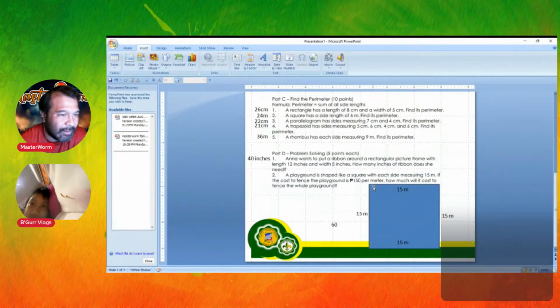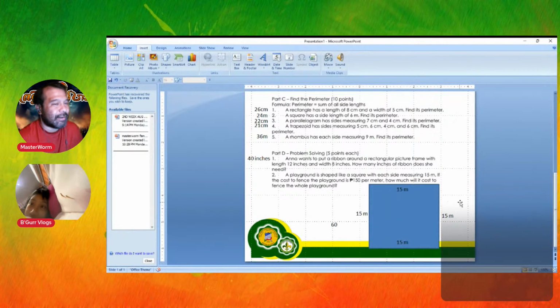Okay. So it says here, if the cost to fence the playground is 150 per meter, how much will it cost to fence the whole playground?